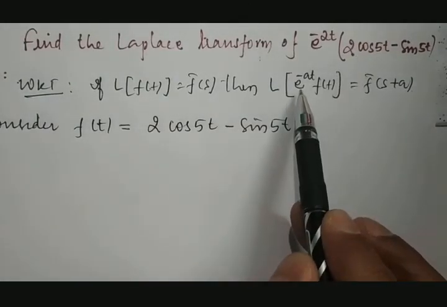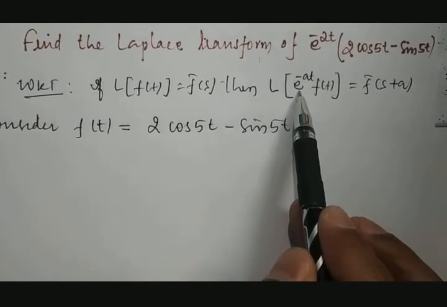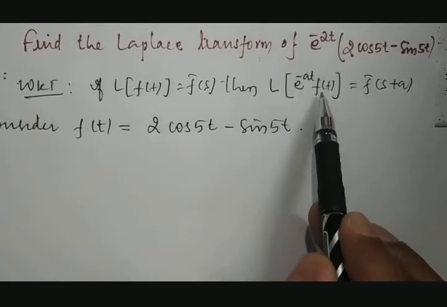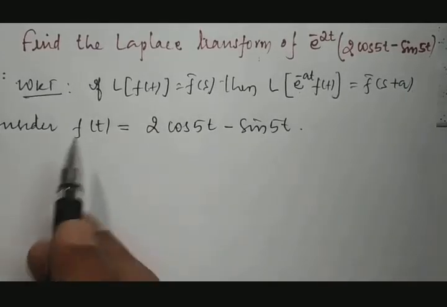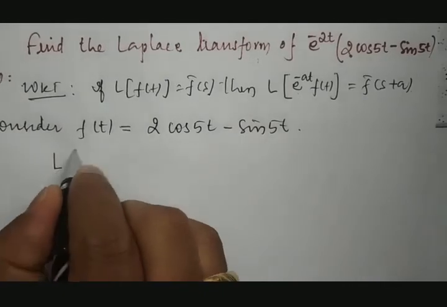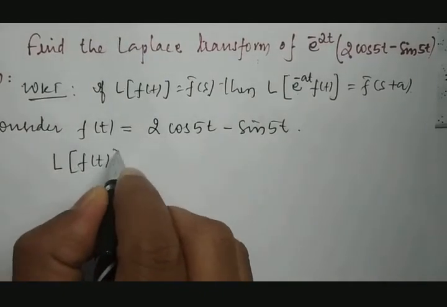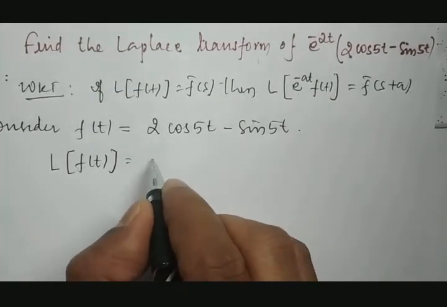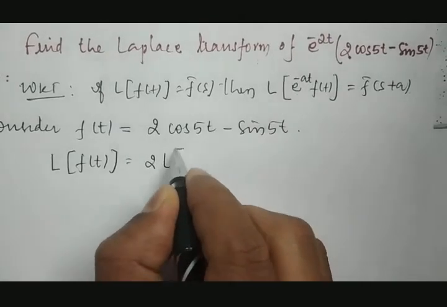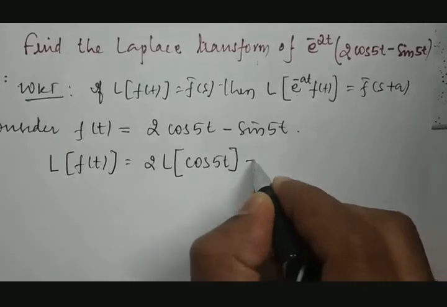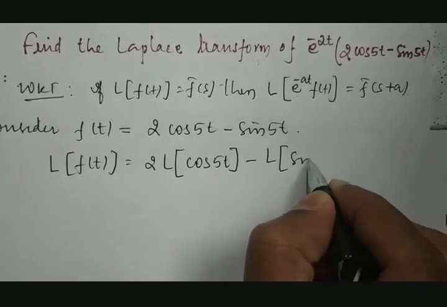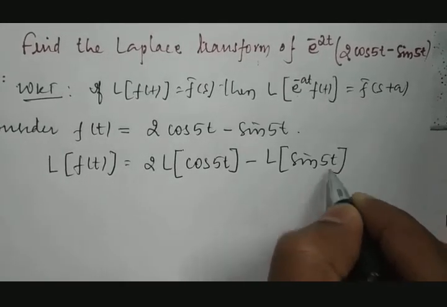First, we'll come to know what is going to happen when this exponential is multiplied. But before that, I'll be taking only f of t and the Laplace transform of this f of t. So apply Laplace on both sides, then it becomes 2 times the Laplace transformation of cos 5t minus Laplace transformation of sin 5t.